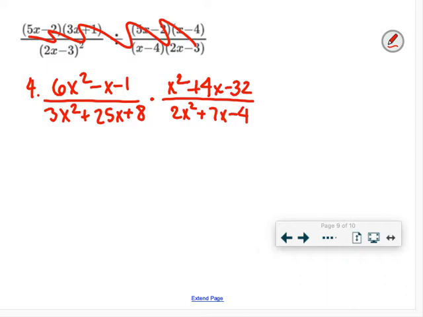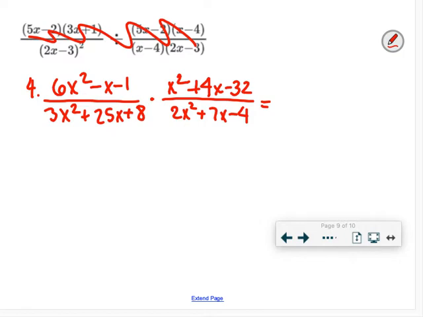Okay, so what we want to do is multiply across. And we always want everything written as a product. So ultimately what we want, how we want to address this is we need to factor this, this, this, and this. So we're going to have to do box and diamond 4 times.